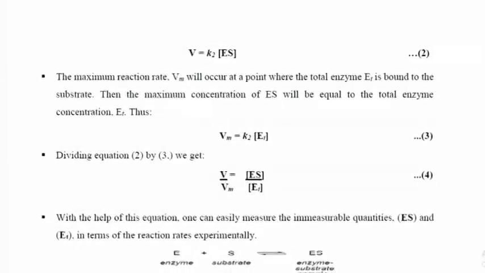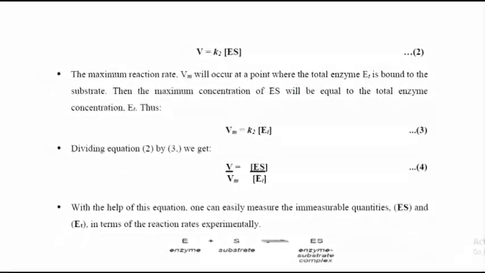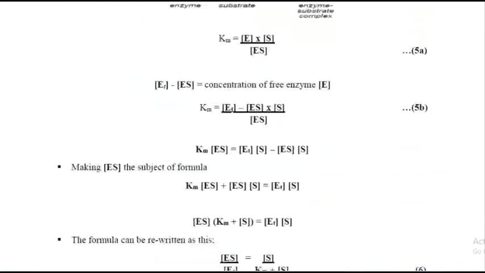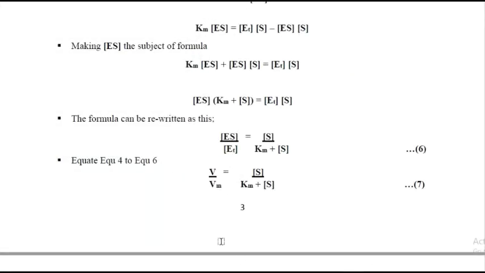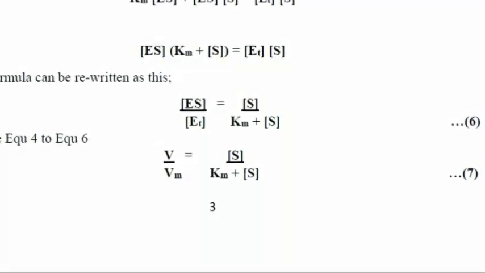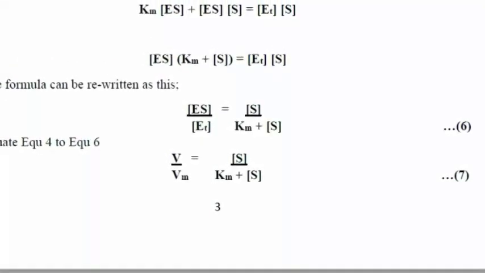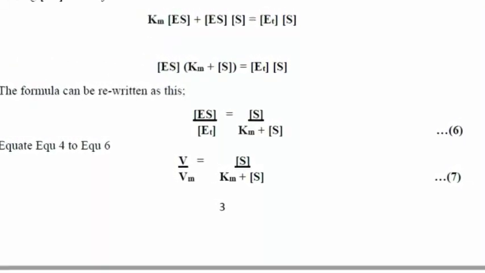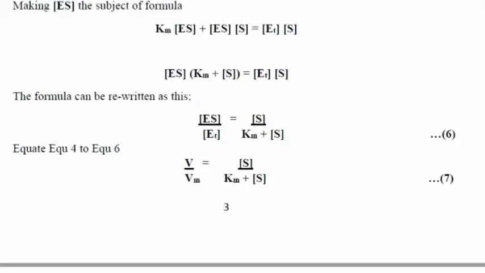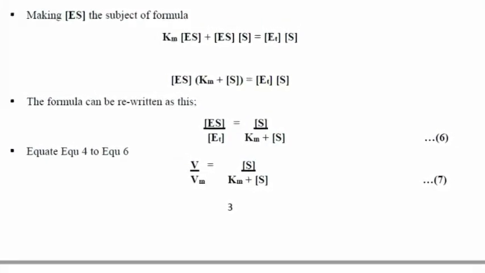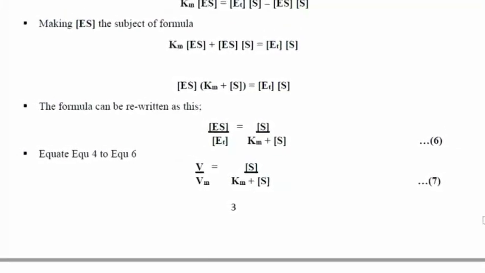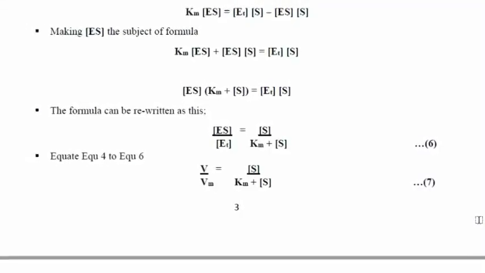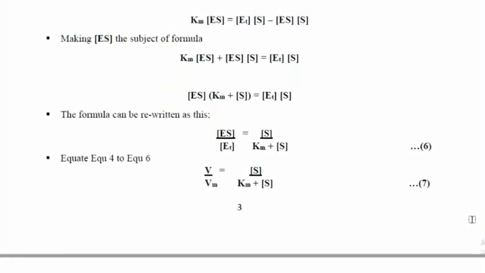So at this point, since equations 4 and 6 share the same variable, we equate them together. That will be V over Vm equals the concentration of the substrate over the Michaelis-Menten constant plus the concentration of the substrate.